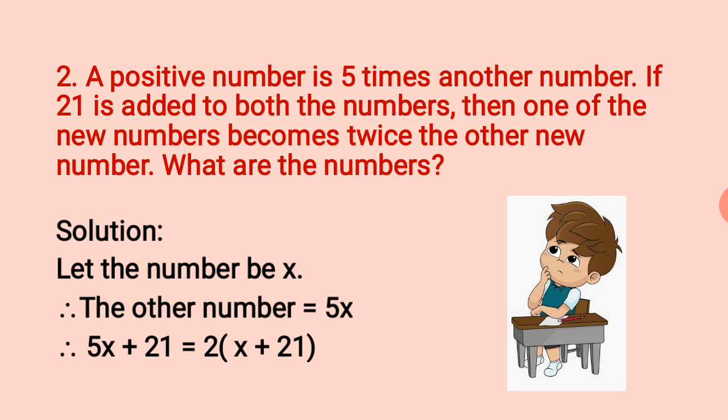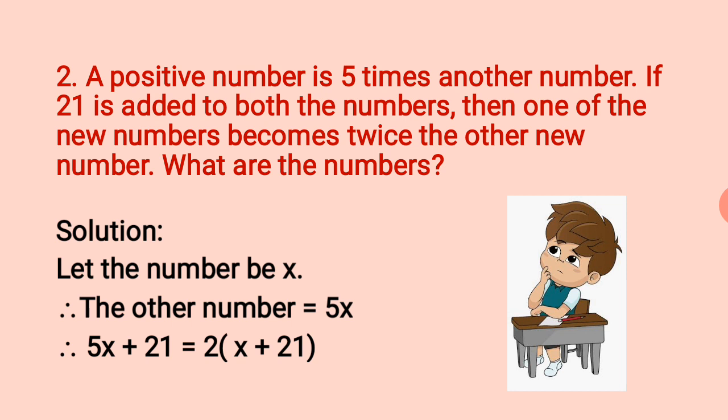Children, you can easily understand here that x will be smaller. We are considering the positive numbers. So x will be smaller and 5x will be the larger of the two. So we have written 5x plus 21 equal to 2 times the smaller number, that is x plus 21.